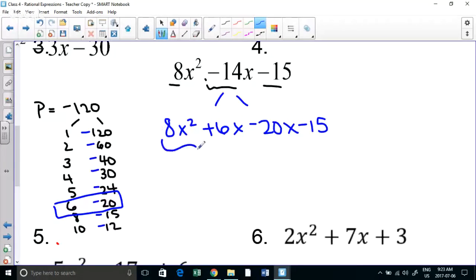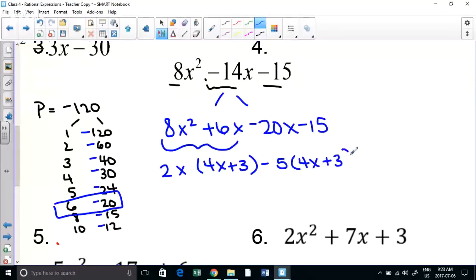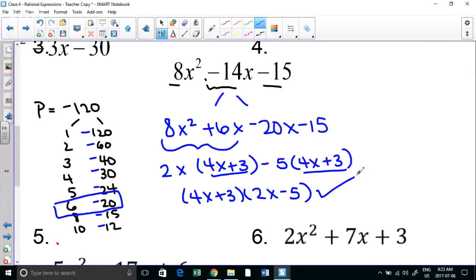And now I find my grouping. So here I can take out a 2x, and I'll be left with 4x plus 3. Here I could take out a negative 5, and I'm left with 4x plus 3. And this gets regrouped. 4x plus 3 and 2x minus 5. This is backward.